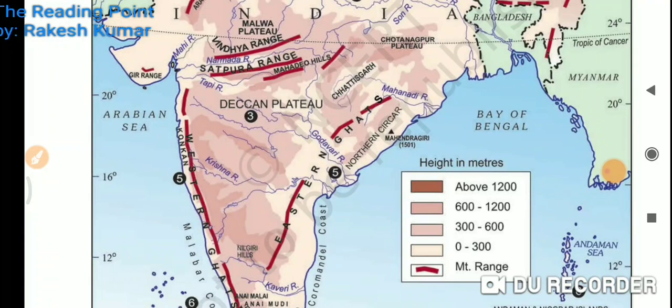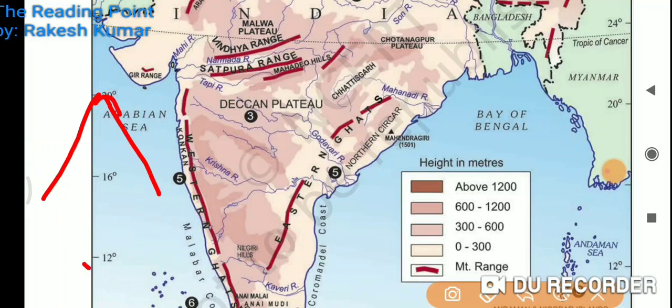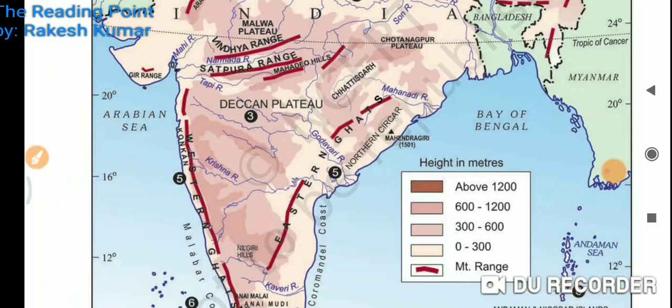Hills are of two types: the new fold mountains have a cone-like slope, and the old mountains have rounded slopes, because due to the action of wind the old mountains become rounded.